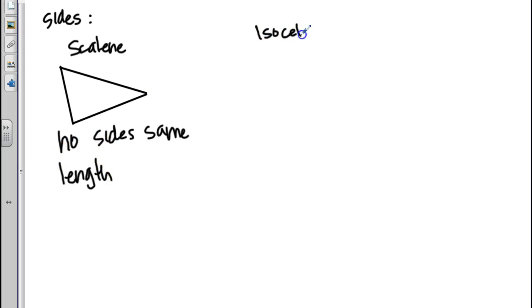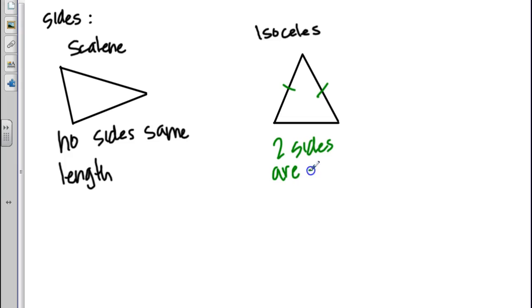Isosceles. An isosceles triangle, two sides are the same length. So two sides are congruent, or two sides have the same measure, at least two sides.